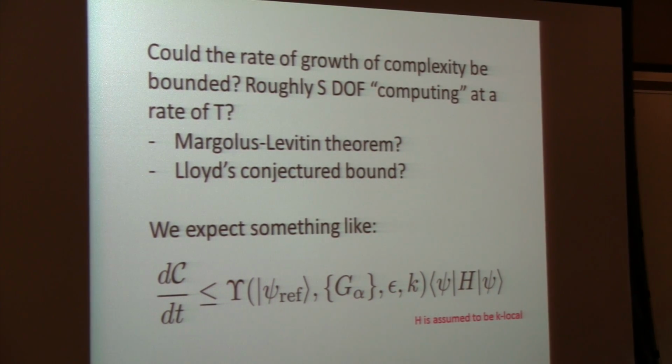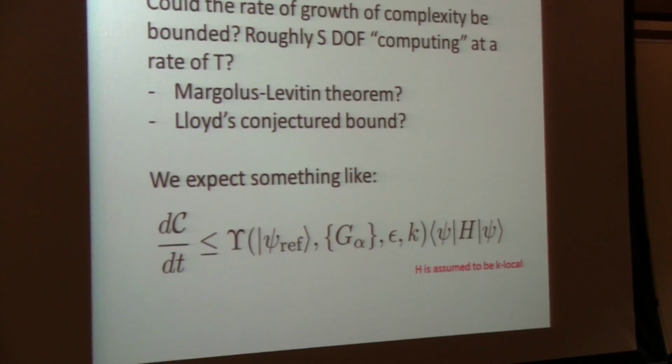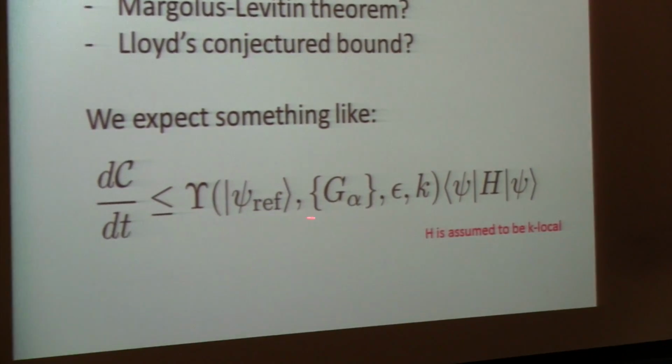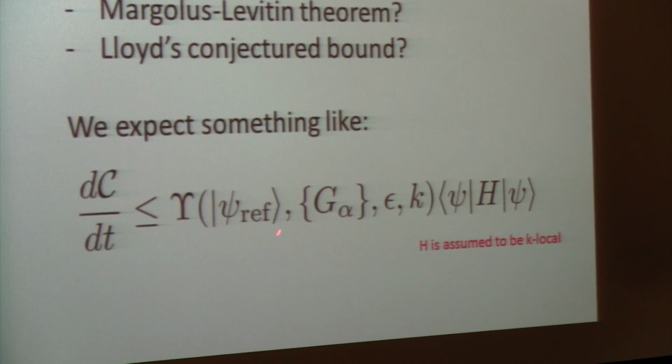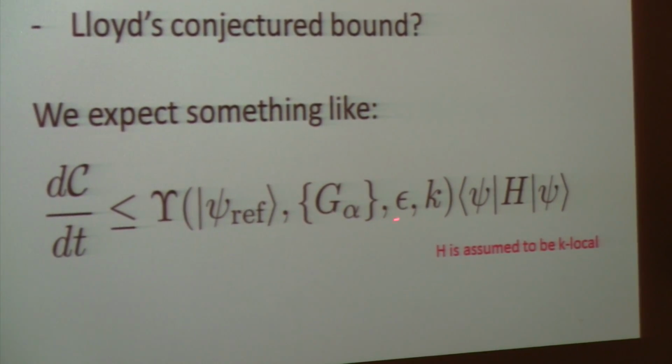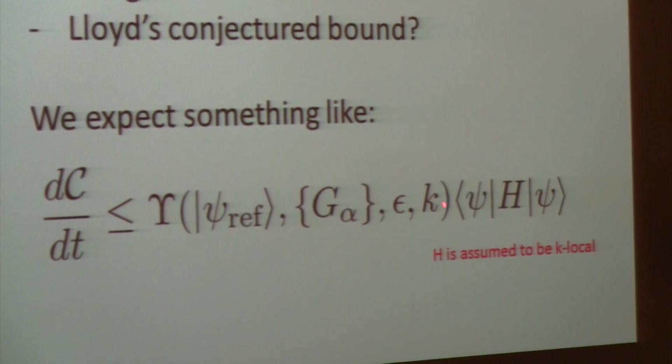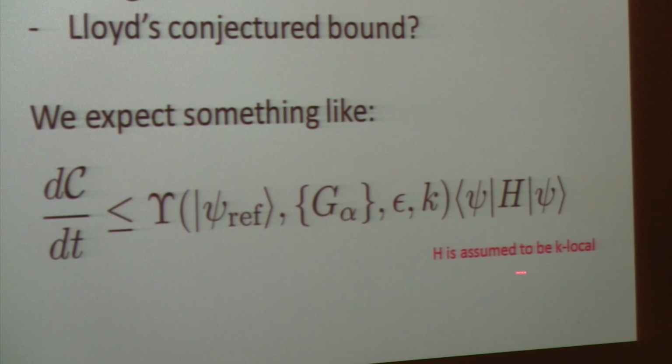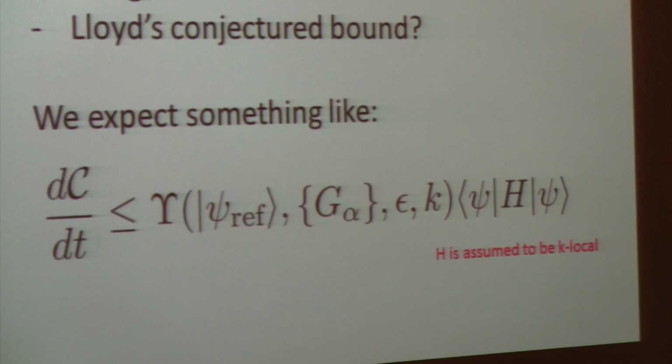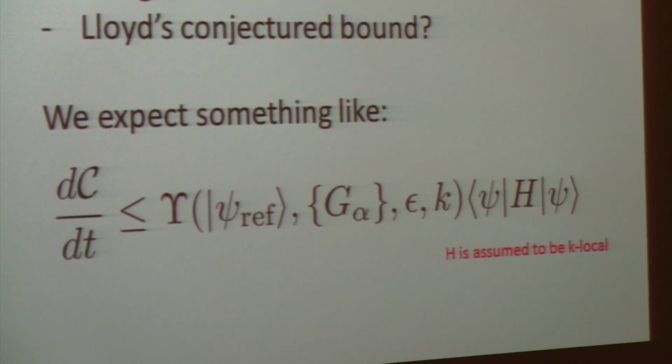And so we had in mind something like the rate of change of complexity with respect to the time evolution in time is some horrible prefactor, upsilon, which depends on the reference state, on the gate set, on the tolerance parameter, on the k, which is how local the Hamiltonian is. So if the Hamiltonian consists of only 2 body operators, then k is 2. If it consists of 4 body operators, then k is 4. If it consists of 20 body operators, then k is 20. And as you increase k, you should think that you can make more complexity, right?